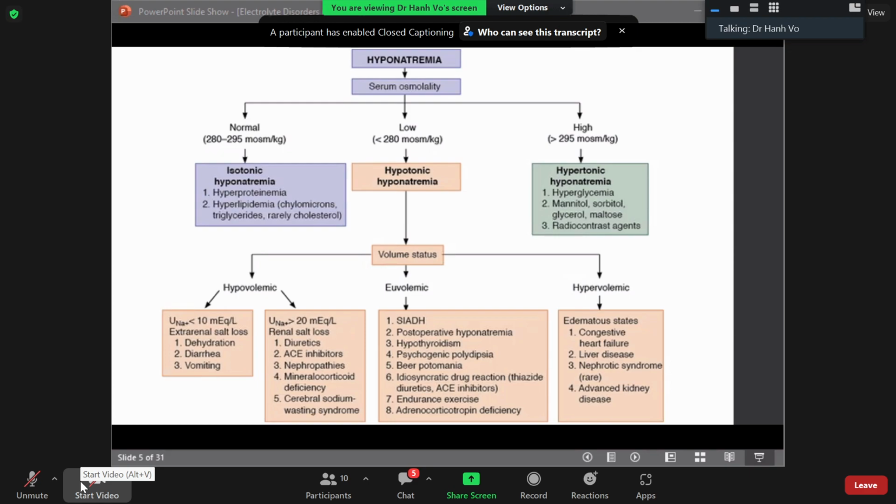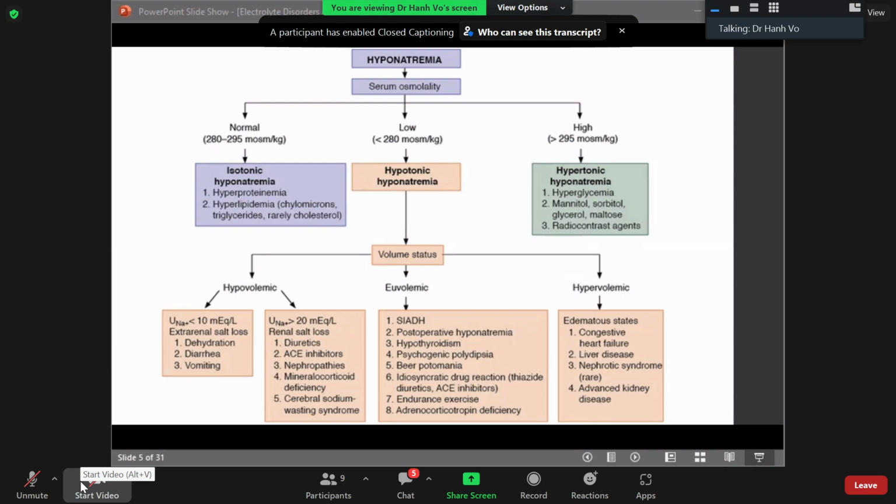This can occur in conditions like diarrhea, vomiting, or in response to certain medications like diuretics. Another condition is cerebral salt wasting. And the third subcategory is euvolemic hyponatremia, or normal volume hyponatremia, where there is normal body sodium and increased total body water.